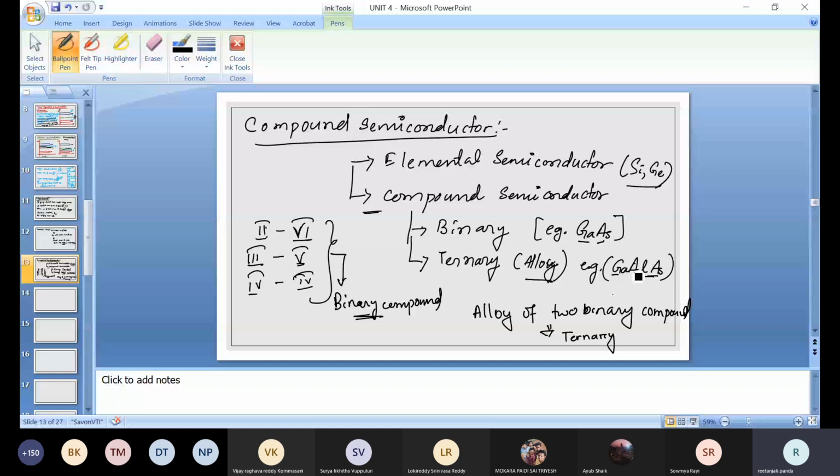Wherever we have digital communication systems, there we find the application of semiconductors. The vast application of binary and ternary semiconductors you see in your mobile phones, television sets, laptops, computers.